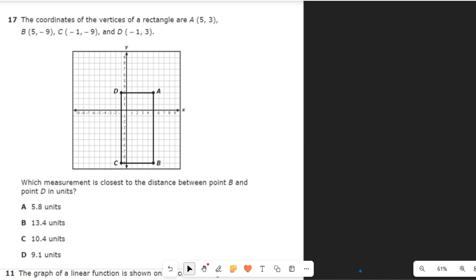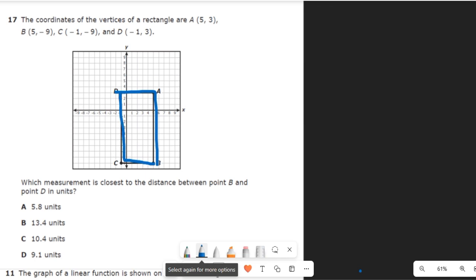The question says we should find the distance between point B and D. If we want to find it, we might take the distance this way and this way, which is a bit longer, or this way and this way, which is also longer. How about if we decide to take it diagonally? That way, we'll be looking at just coordinate D and coordinate B. I think that will be fine.